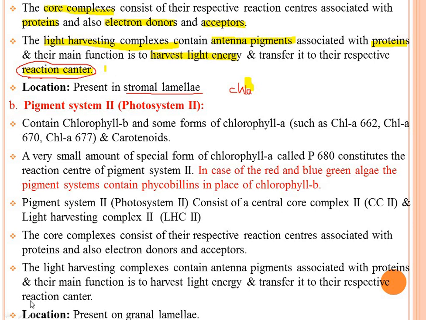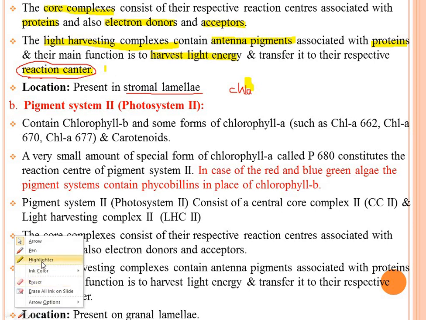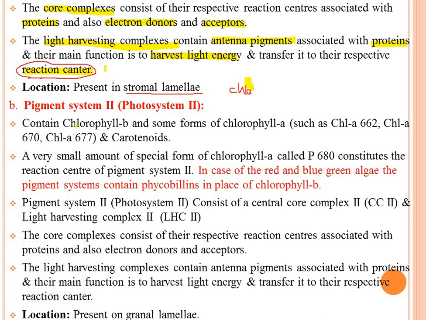Then see, the next pigment system or photosystem is photosystem second, or pigment system second. It contains chlorophyll B and some forms of chlorophyll A, such as chlorophyll A 662, chlorophyll A 670, chlorophyll A 677.